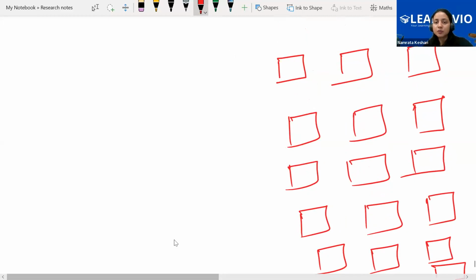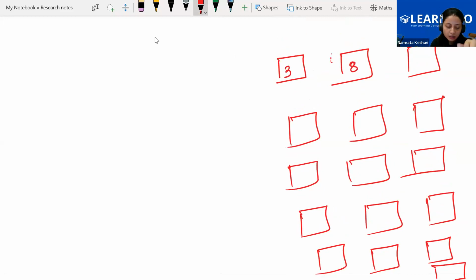These are the sitting arrangement. I have drawn a sitting arrangement here and I want to take the same question which we have taken. The first term was 3, the second term was 8. Let me write the question here.